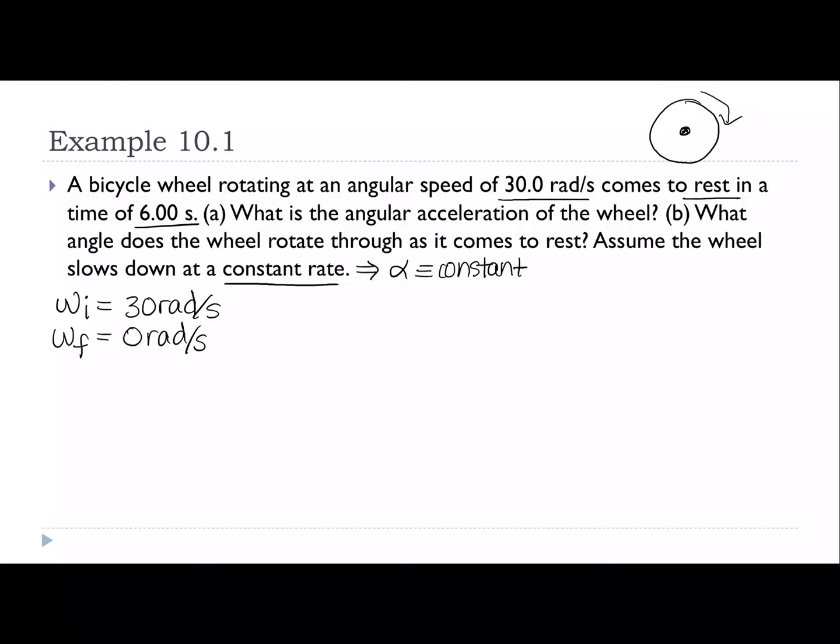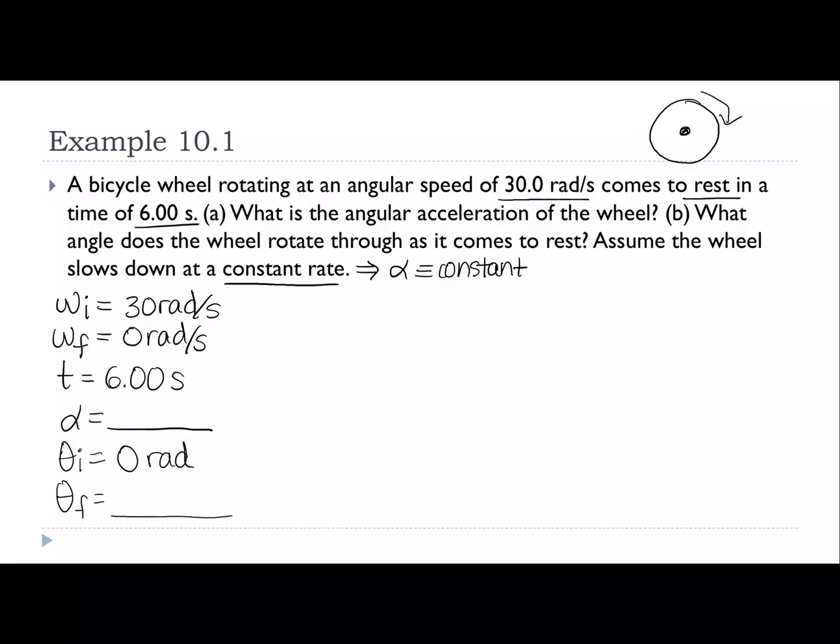The time it takes to come to rest is 6 seconds. And we're interested in determining what is the angular acceleration, and also what angle does it travel through. So if we assume that it starts off at an angle of 0, which we can make that assumption if they don't tell us, we're also interested in determining the final angle.